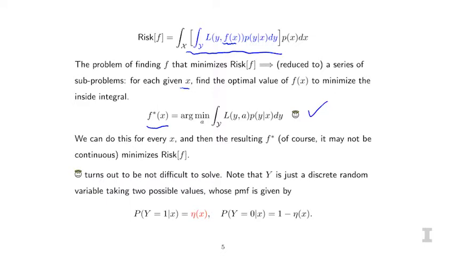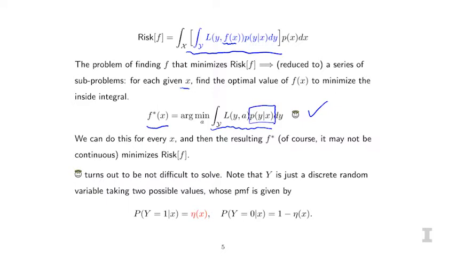And this integral turns out to be not difficult to solve because y is just a discrete random variable taking two possible values. So on the next slide, we're going to evaluate this expectation, which is going to become a summation. And we need to know the distribution of y given x.